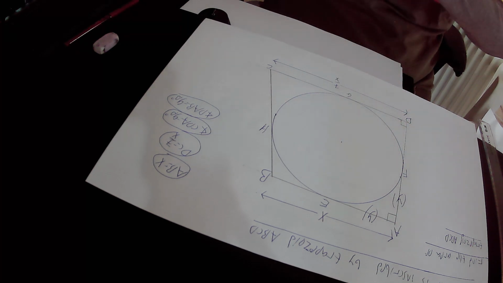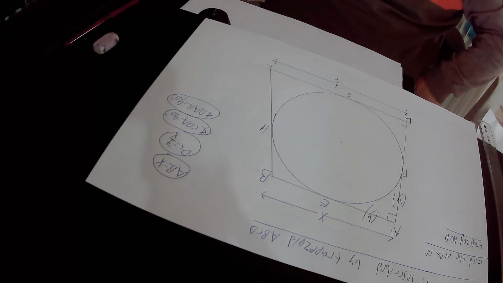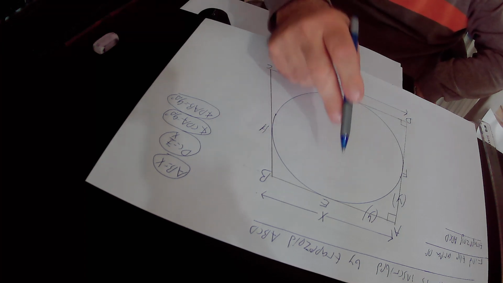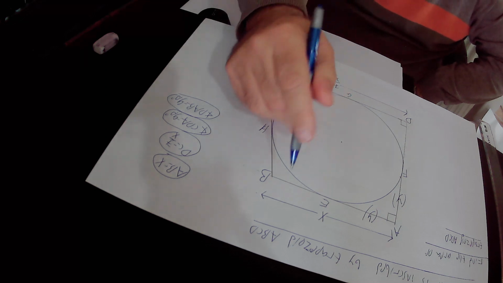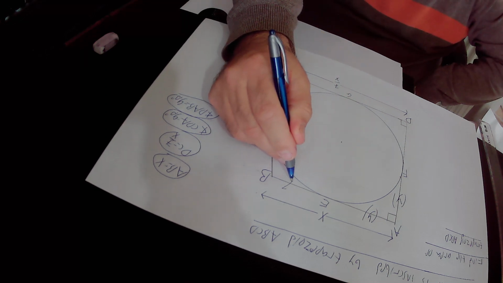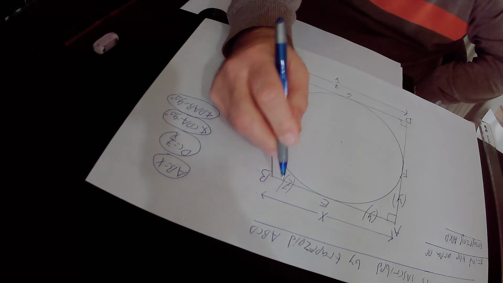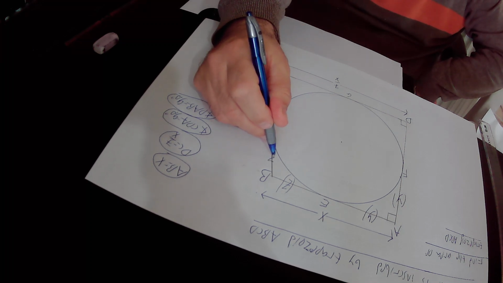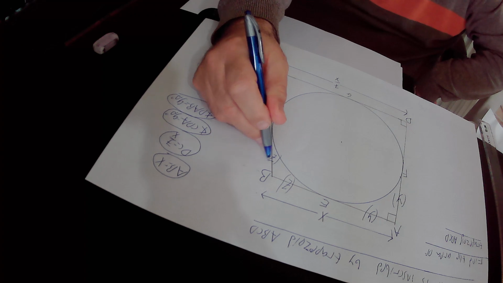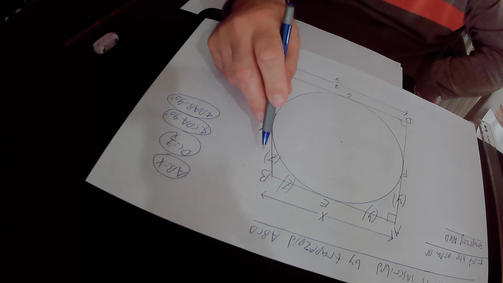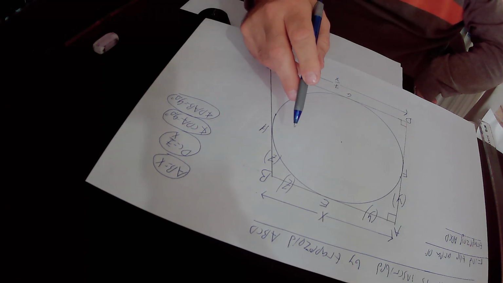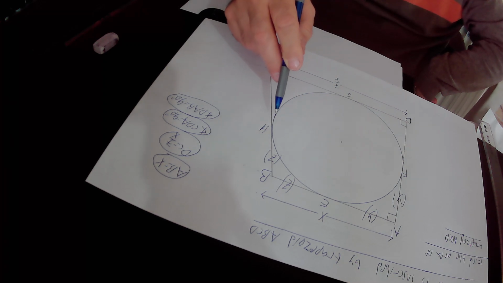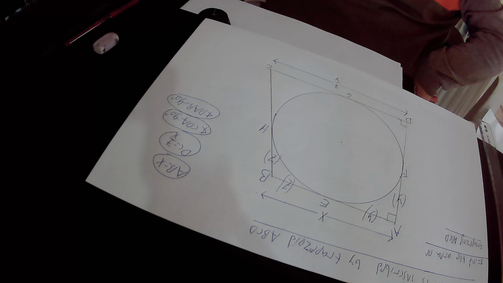According to rule 2, they are equal to each other. So if we define the length of tangent BE as Z, then the length of tangent BH must also be equal to Z.